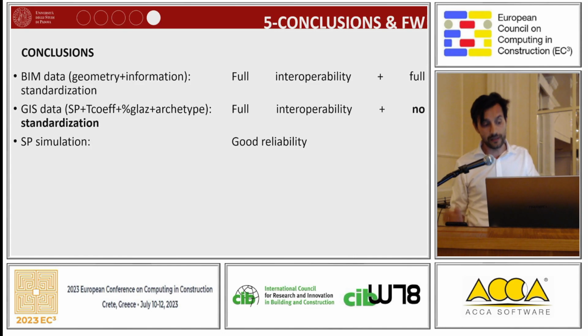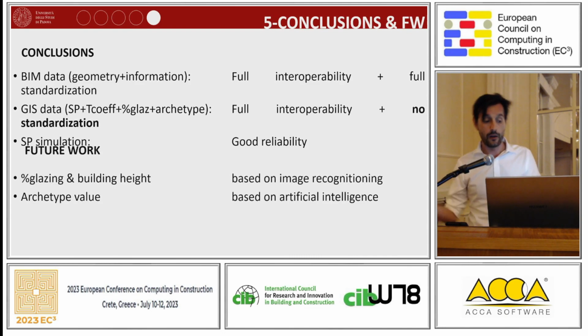Instead, talking about GIS data, we have full interoperability because, of course, we use standardized file formats, but no standards, and for me, it is the worst problem that we are facing. And in the end, talking about solar potential simulation, we have good reliability of detailed models. Future work is the definition of glazing and building height, not manually, but based on image recognition, and the assignment of archetype types based on artificial intelligence.